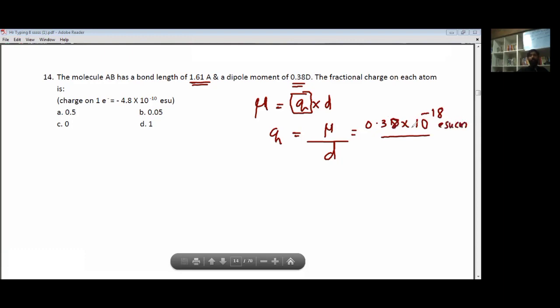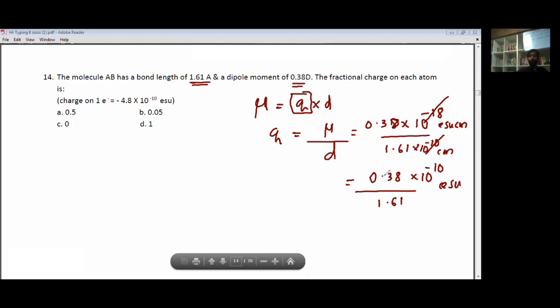So this is 0.38 into 10 raised to minus 18 ESU centimeter. And what is the distance? 1.61 angstrom. So 1.61 into 10 raised to minus 8 centimeter. Okay, so we get the charge. So the total charge is actually 0.38 into 10 to the power minus 10 divided by 1.61 ESU is the answer. Ready?